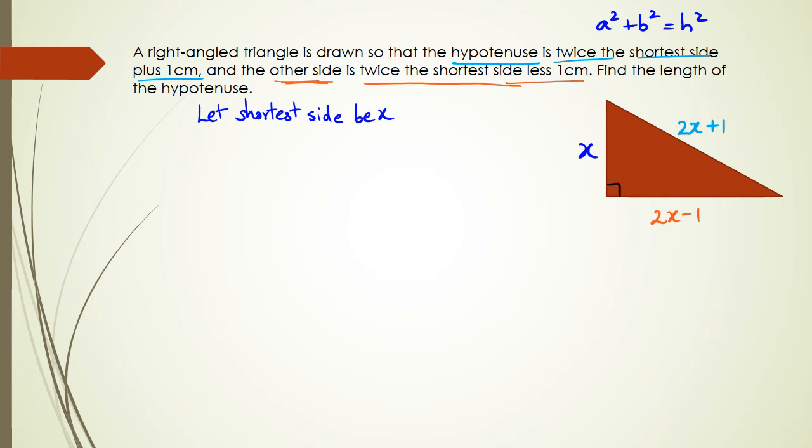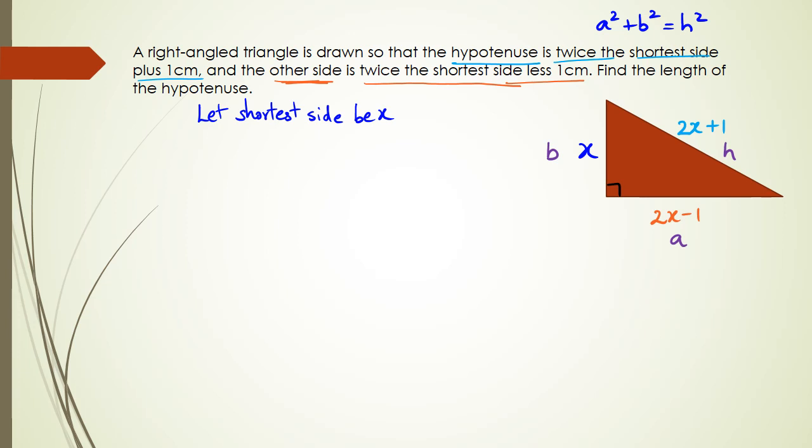So we've got our right angle triangle with all the sides. It doesn't matter which one you put as A and B. What matters is that we have H, which is the side opposite the right angle.